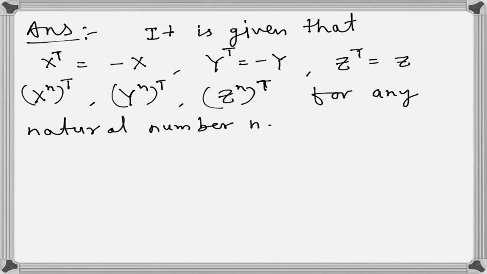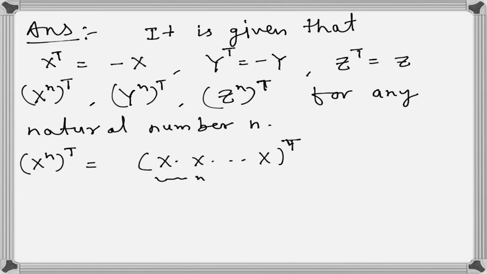Okay. So let's see, X to the power n transpose is nothing but you multiply X by n times, transpose.